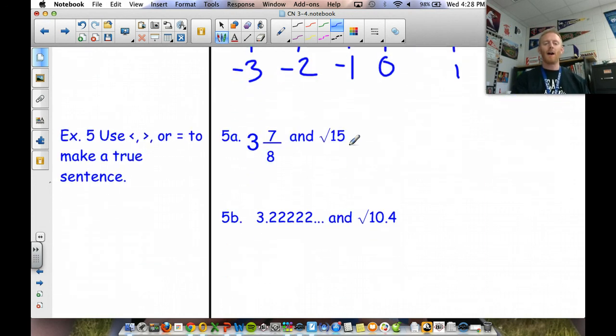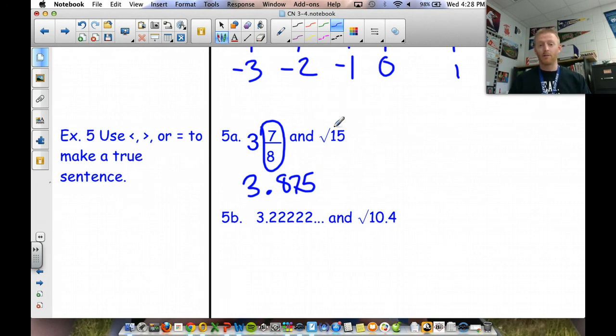On example 5A, we're just trying to use our less than, greater than, or equal to signs to make the sentence true. We're just going to, again, very quickly, this would be 3.875, because I've taken 7 divided by 8 is 0.875. And then the square root of 15, use the calculator.